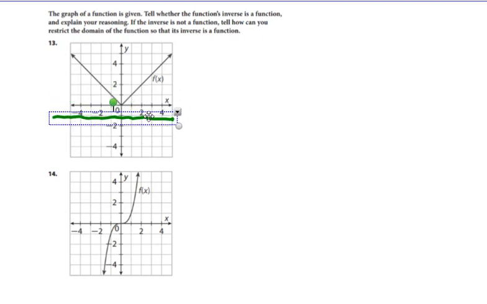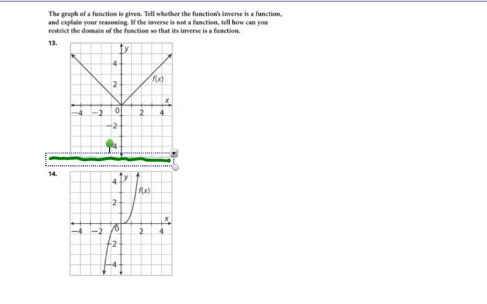Which means that if we turn this function sideways and take its inverse, which is going to look something like this, I'm drawing now in blue its inverse, see, its inverse is not a function, because the inverse will fail the vertical line test.